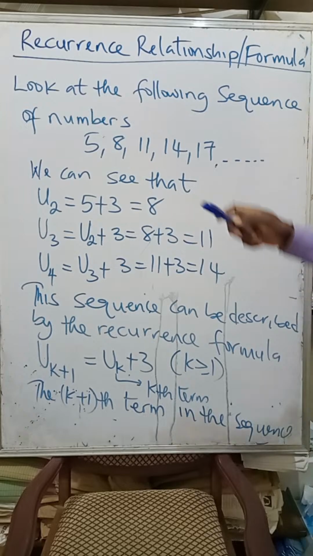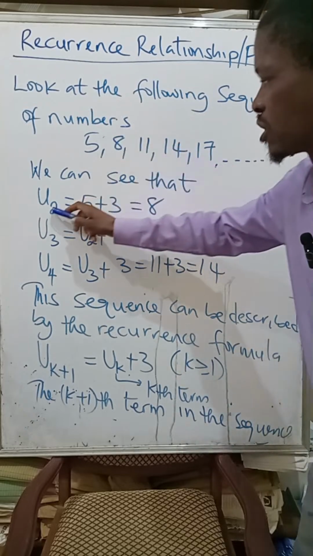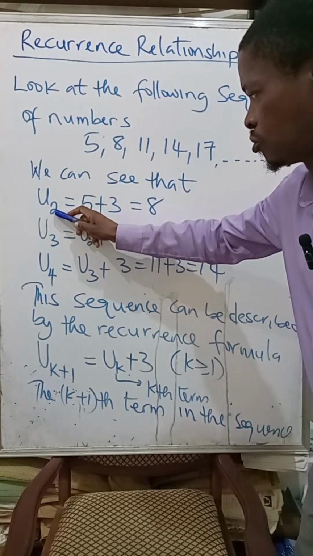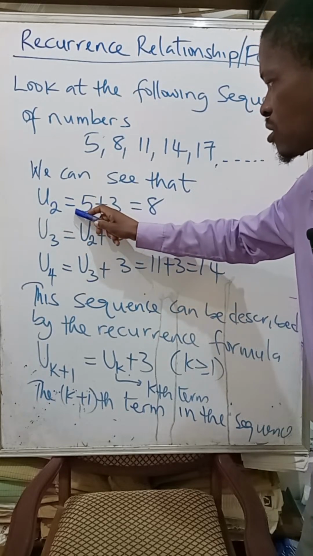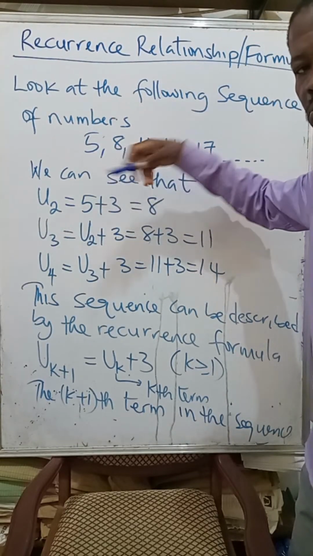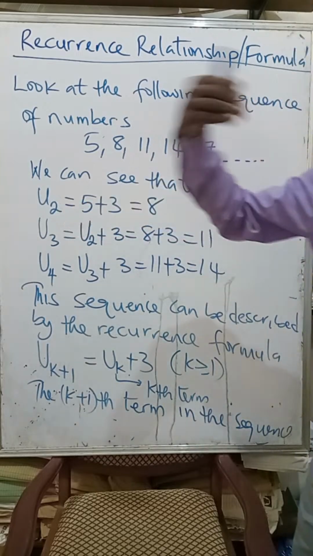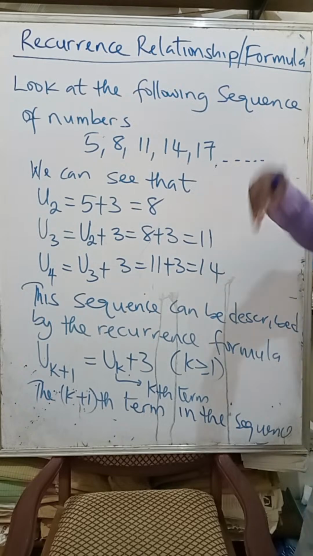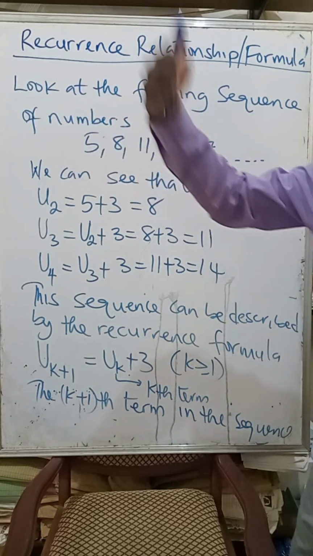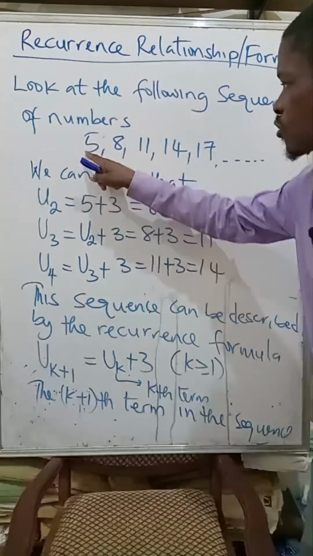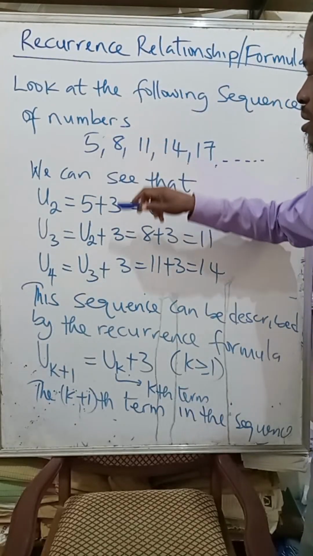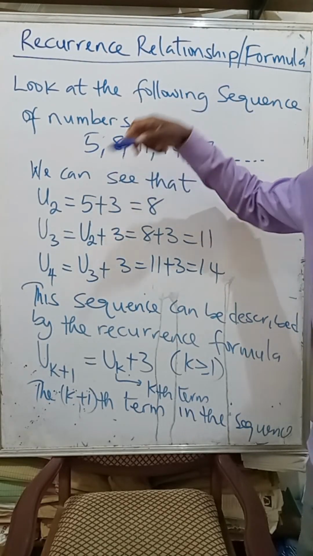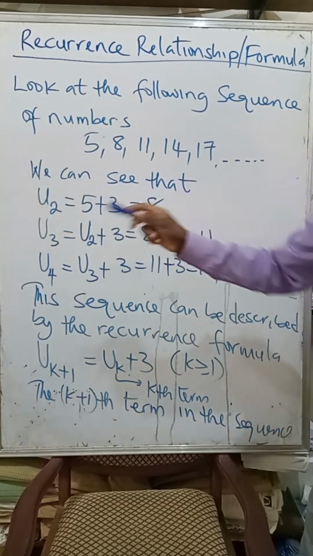We can see that to generate the second term, which we call U2, U subscript 2, it is going to be equal to what? The first term plus the constant increment. The increment of these numbers is 3. So take the first one to get the second one: the first term plus the constant increment, plus 3.